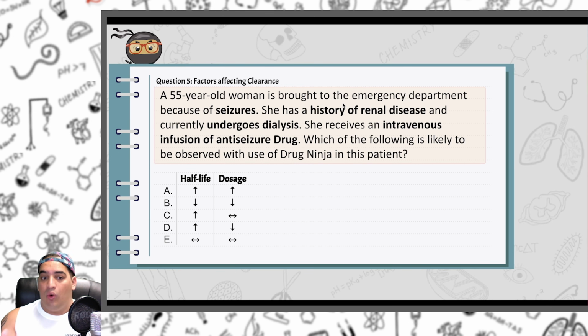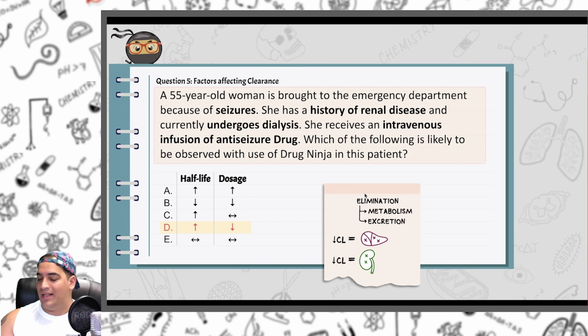Would I want to give a very low dose, a normal dose, or a high dose if they have renal disease causing decreased clearance and an increase in half-life? Because I have a very high half-life now, I would want to drop the dosage here. Because half-life is increasing, dosage should subsequently decrease as well. So that is what I would pick for this particular answer.